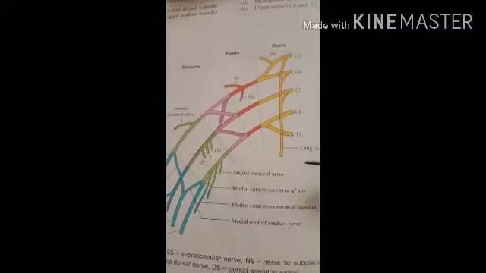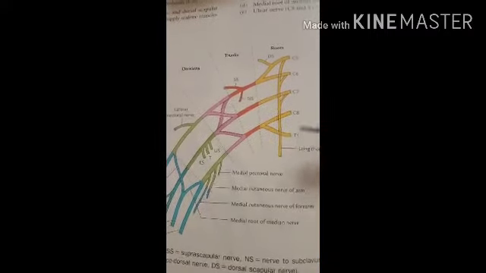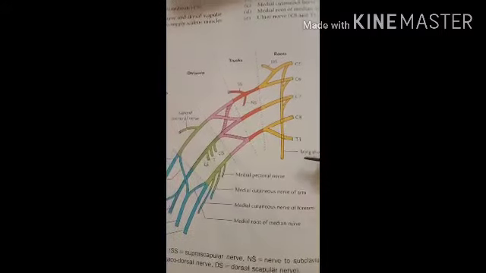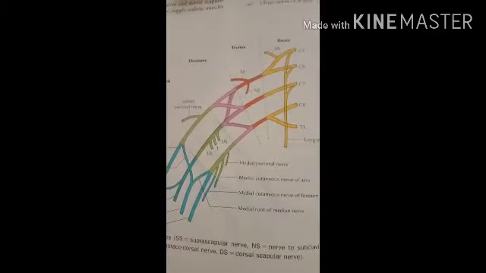And in the postfixed type, the contribution of C4 is absent and T2 is large.